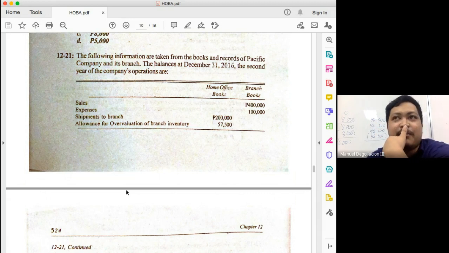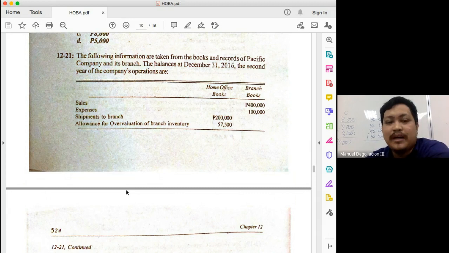And if it is the before adjustment or closing balance, class, what does that amount represent? It represents the markup on your TIGAS. Again, class, very important: the before adjustment balance represents the markup on your TIGAS.